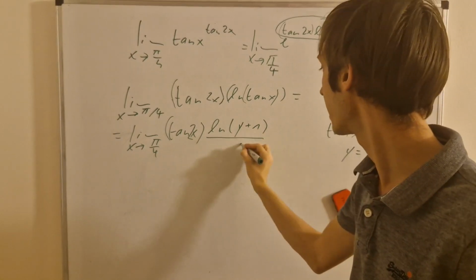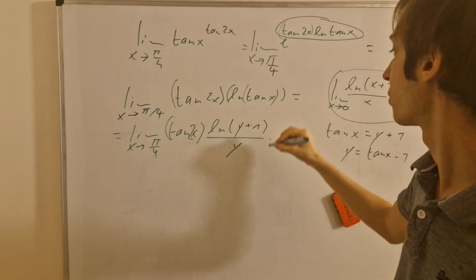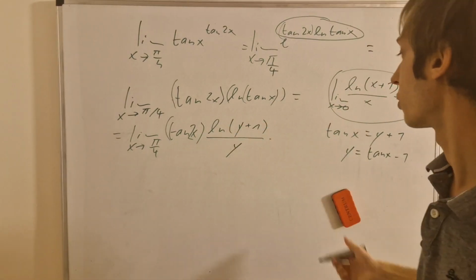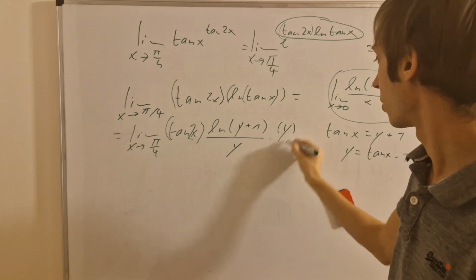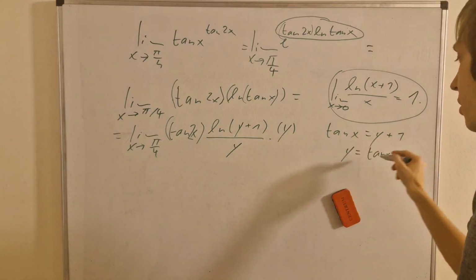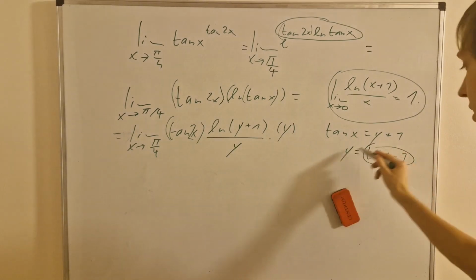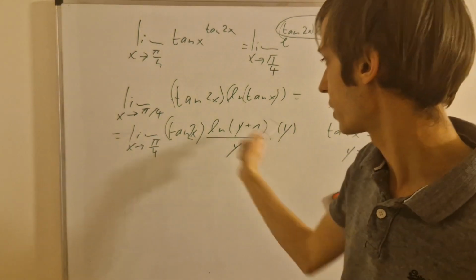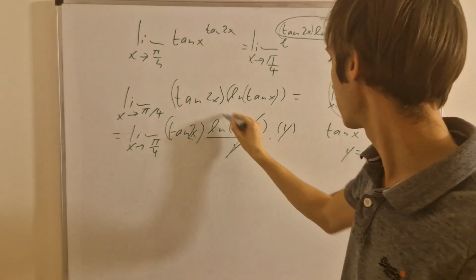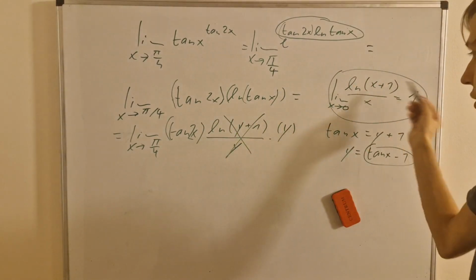So we will get y here, and we should also multiply on the top by y because that y was unanticipated and it would change the expression otherwise. Alright, well, now it works out, but in a second we also have to change the y to this expression because we will calculate the rest in terms of x. Thanks to this expression, we can cancel out this part. This will go to 1 because this tells us that such a thing goes to 1.